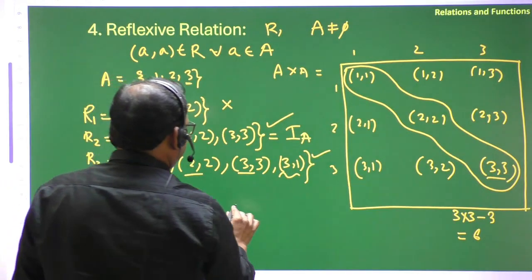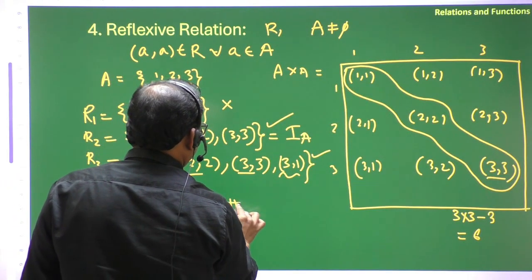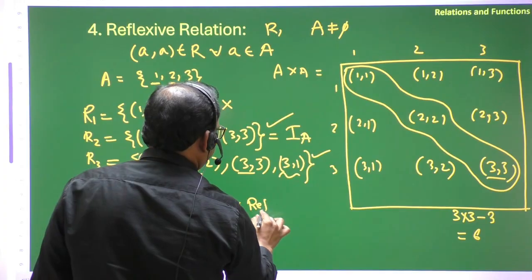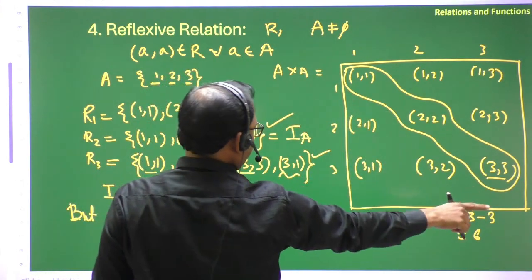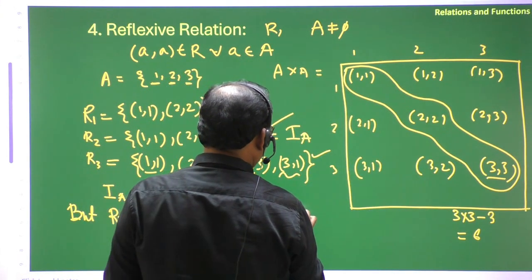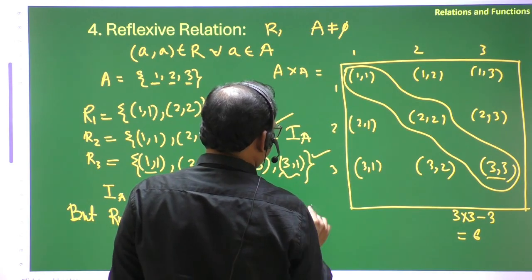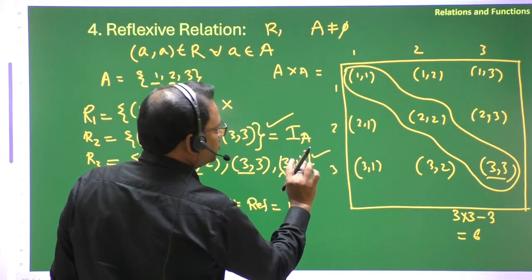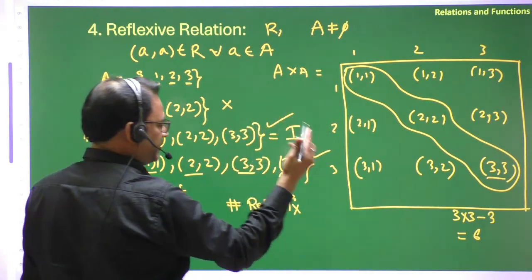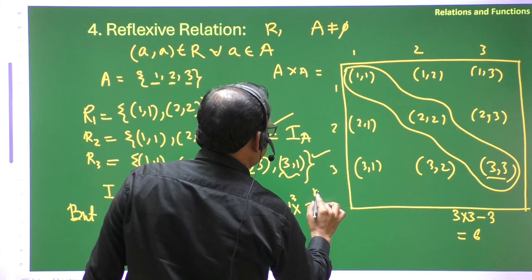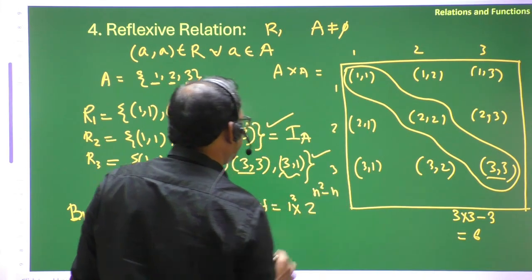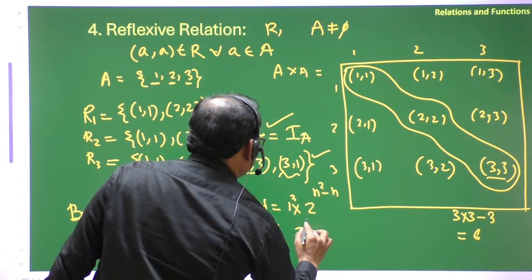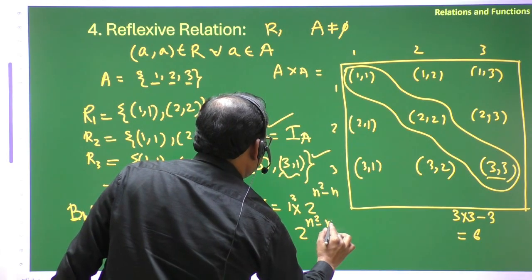So the total number of reflexive relations is: for the diagonal elements there is no other choice, one choice for every element, so 1 to the power 3. And for non-diagonal elements we have two choices, either you take or you reject, so 2 to the power n squared minus n. This is the formula for the total number of reflexive relations.